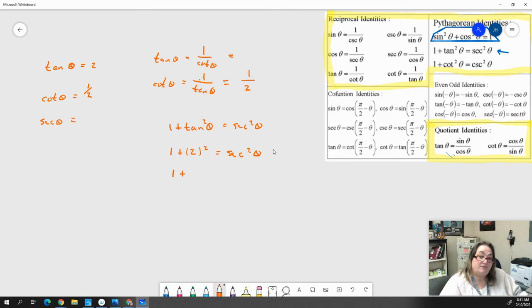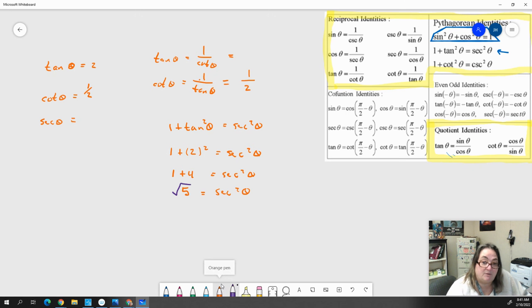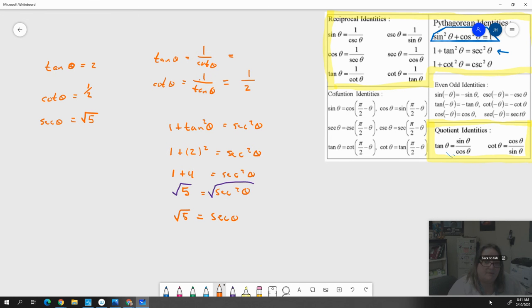So that's 1 plus 4 equals secant squared of theta, which is 5 equals secant squared of theta. So the only way to find out what secant is is to take the square root of both sides. I'm going to take the square root of this side and the square root of this side, and I'm going to wind up with the square root of 5 equals secant of theta. Can't be reduced, right?